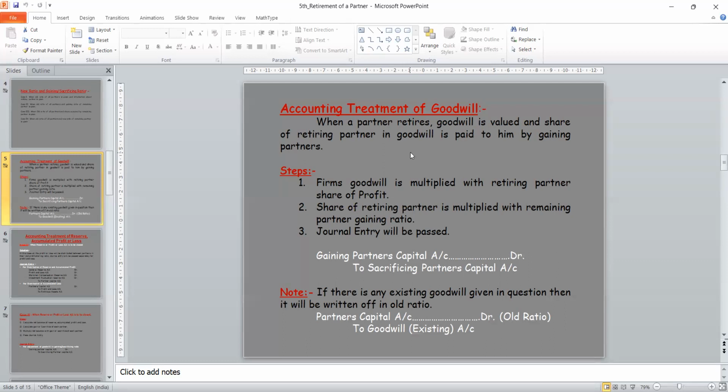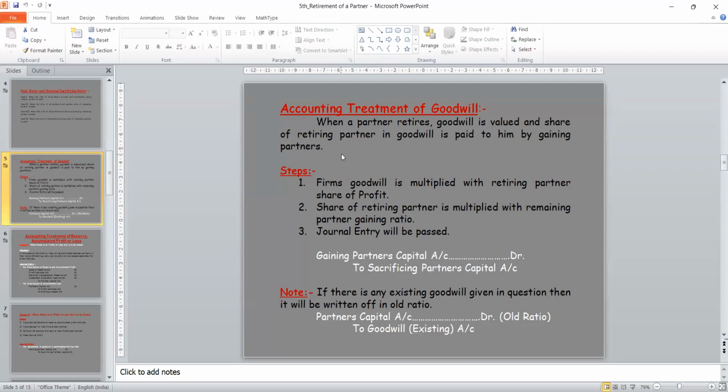So it means he is sacrificing his profit share to whom? To the remaining partners. So it is the duty of the remaining partners to pay the goodwill to the retiring partner. That's why when a partner retires, goodwill is valued and the share of the retiring partner in goodwill is paid to him by gaining partners.